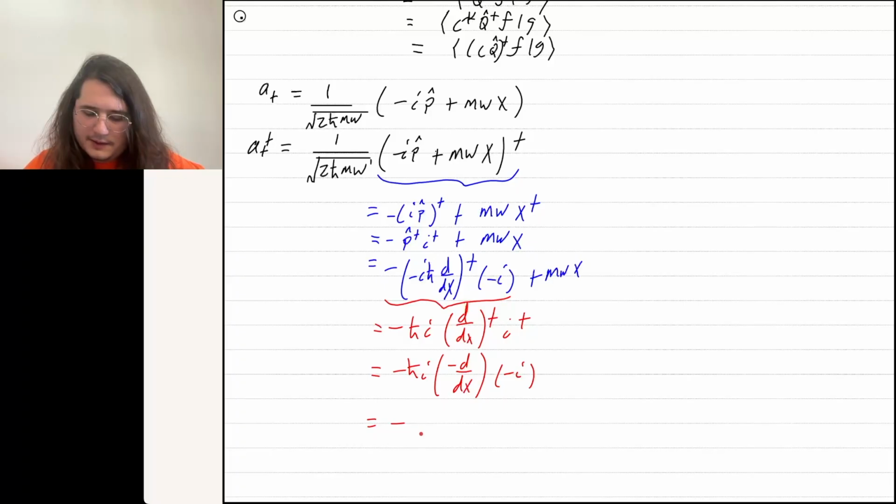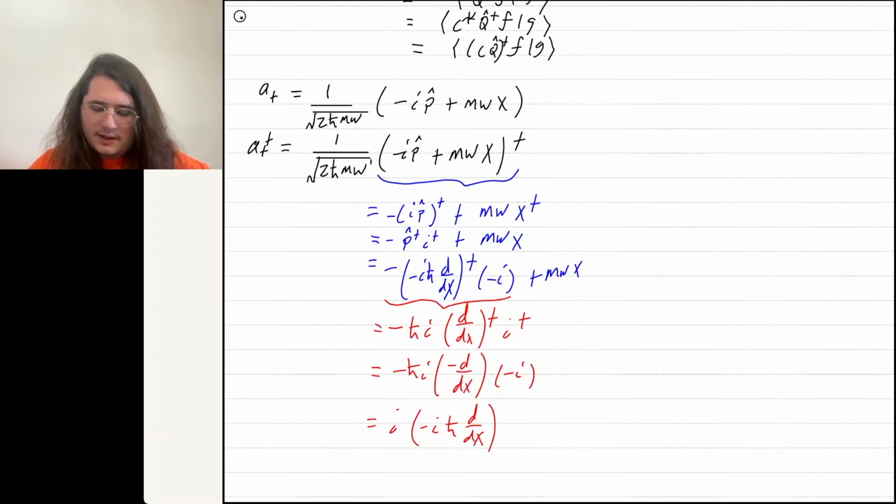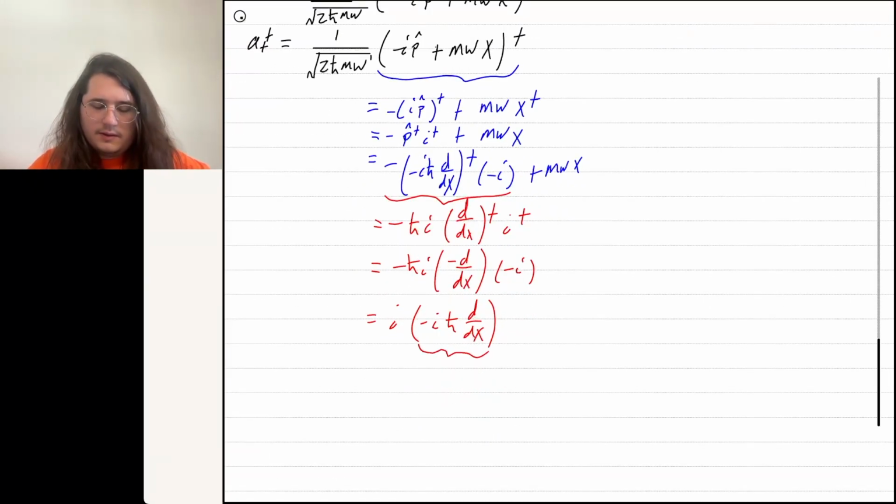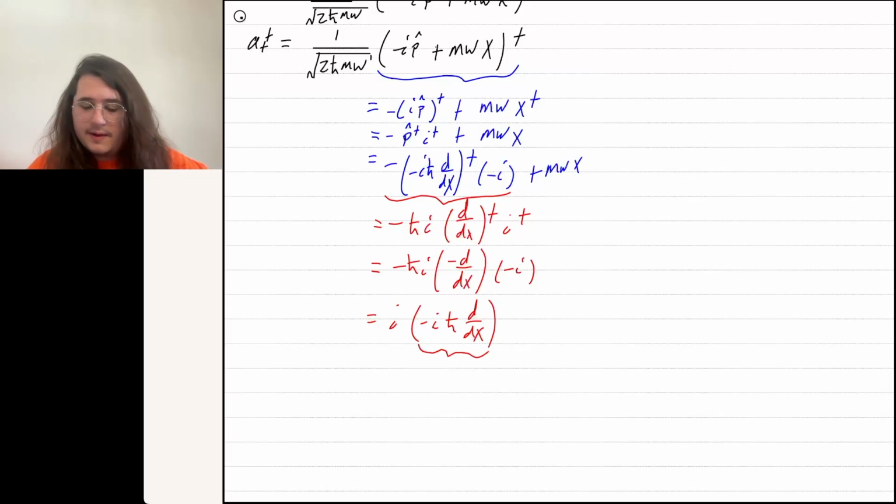So it's going to be minus i, i, h bar, d dx. And I'm going to have the minus sign attached to this i for reasons that will become clearer, because this is just the definition of the momentum operator again.